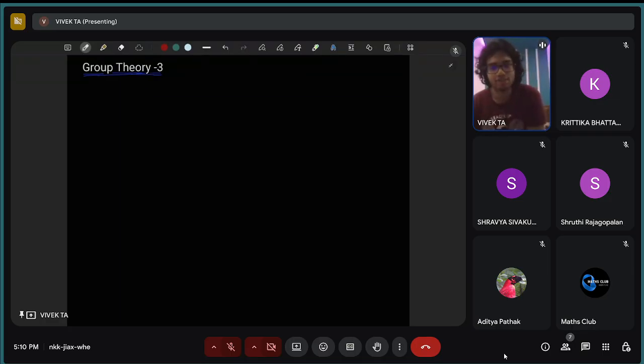Now, when I say action, if you remember from the first session, I had told something about how we defined a group. There was a set given, and we were like, okay, we want to see functions, essentially an action. So instead of a set, we had said a shape. If you have a shape like a triangle, we want a set of actions that preserve some desired property.